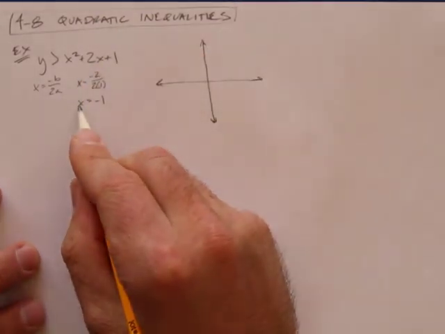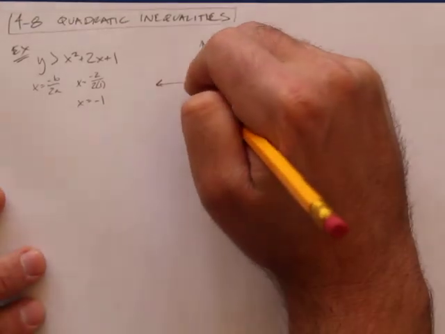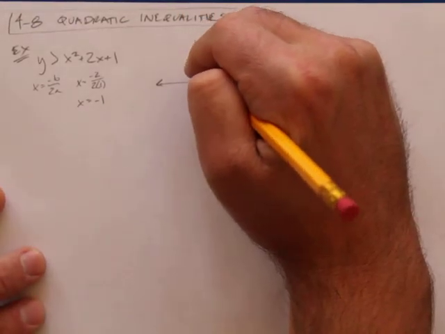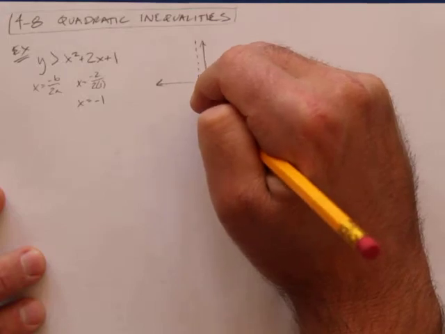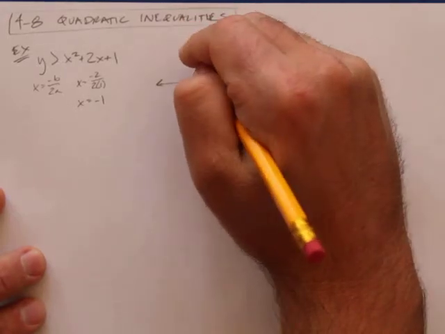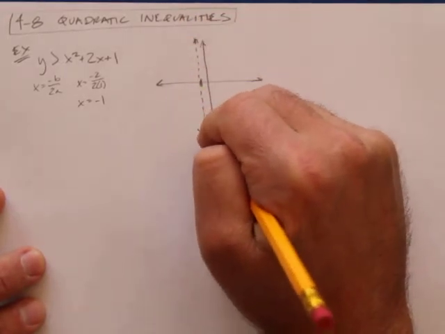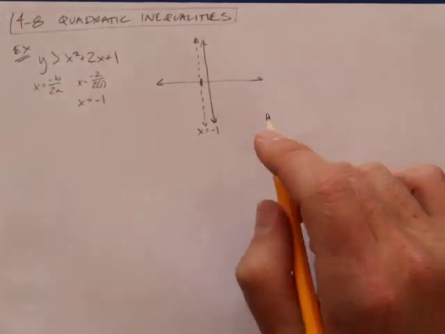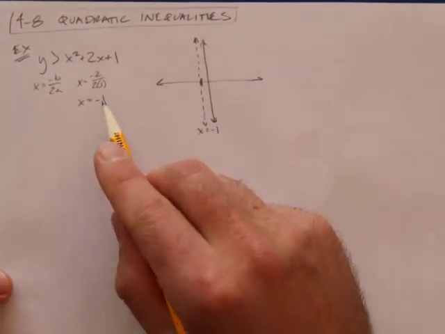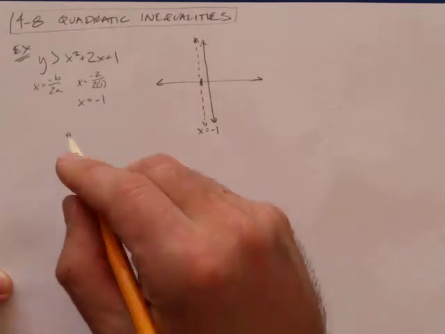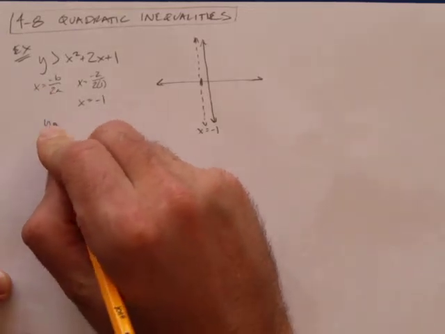So this is my axis of symmetry. So I'm going to find negative 1. X equals negative 1, and it's also the x value of my vertex. So I'm going to plug negative 1 in for x and find out what y is.